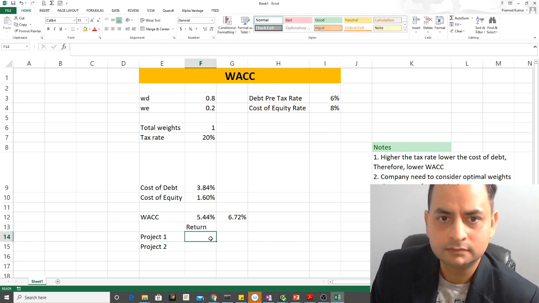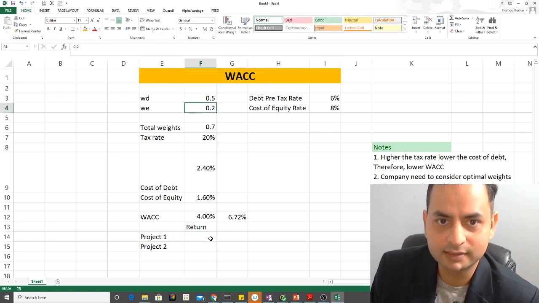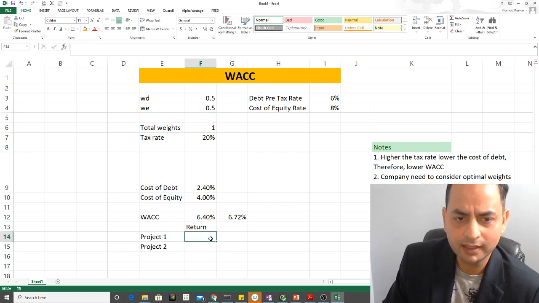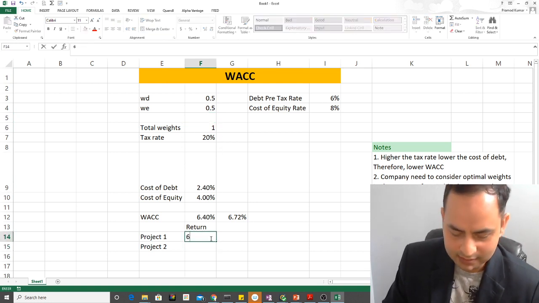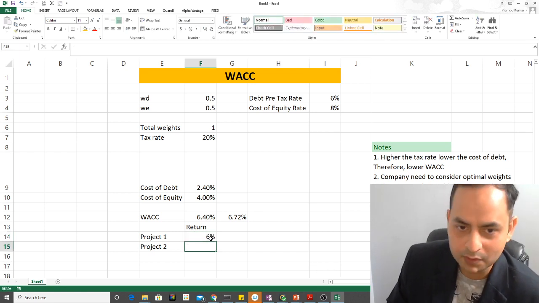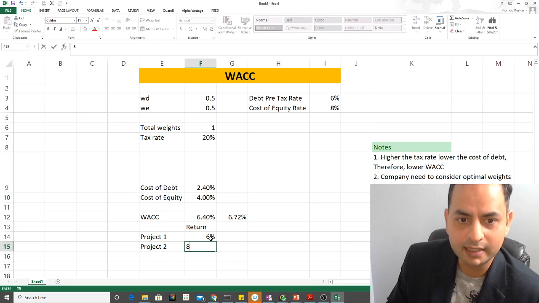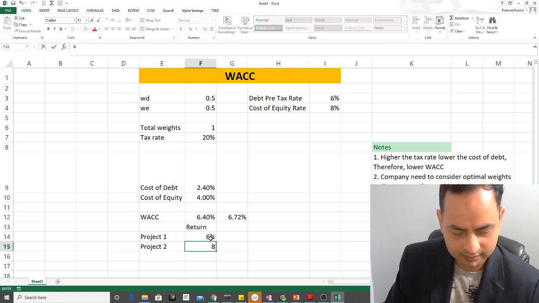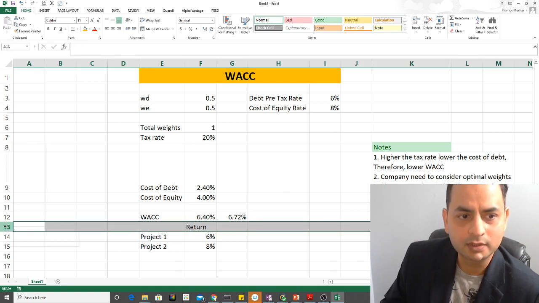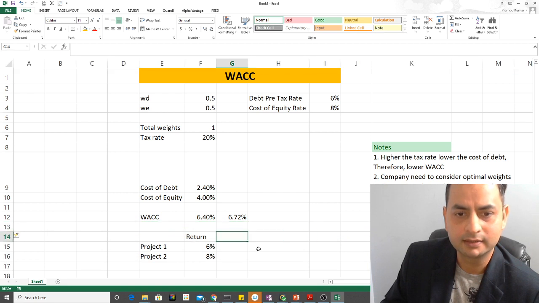Let's go back to my old capital structure, 0.5 and 0.5 just for fun. Project 1 can only return 6%, but project 2 can return 8%. Do you think the company should invest in this project or not?